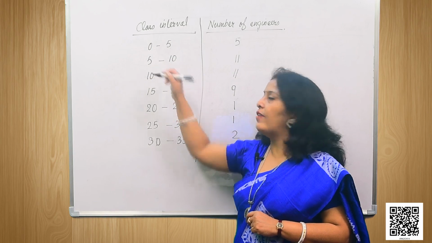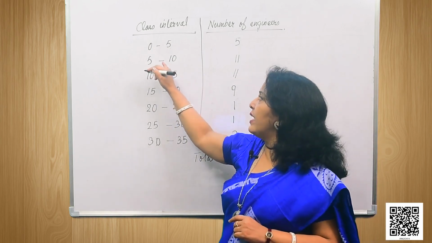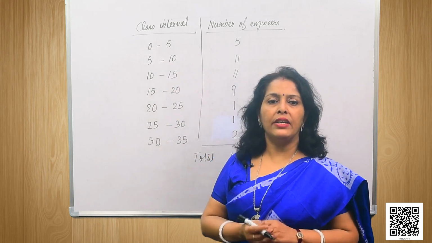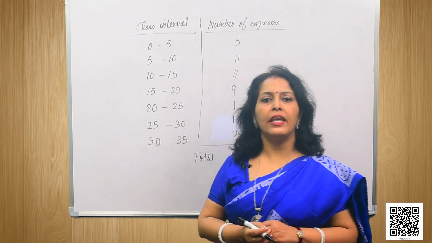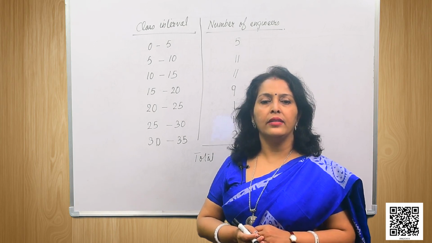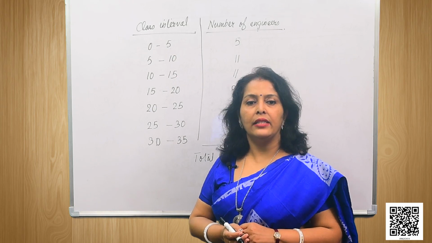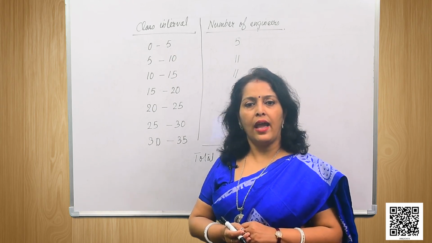Similarly in the second group 5 to 10, the numbers 5, 6, 7, 8 and 9 will be included. So from here I will take that number 5, I will also take 7, then the number 7 from the third line, then 9, then 7, then 8, then 5, and then in the last line I will take 9, 6, 7 and 6.